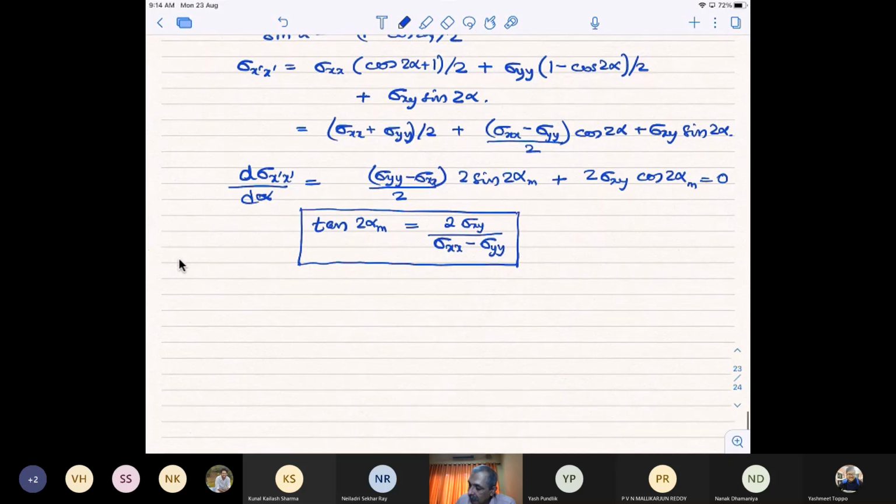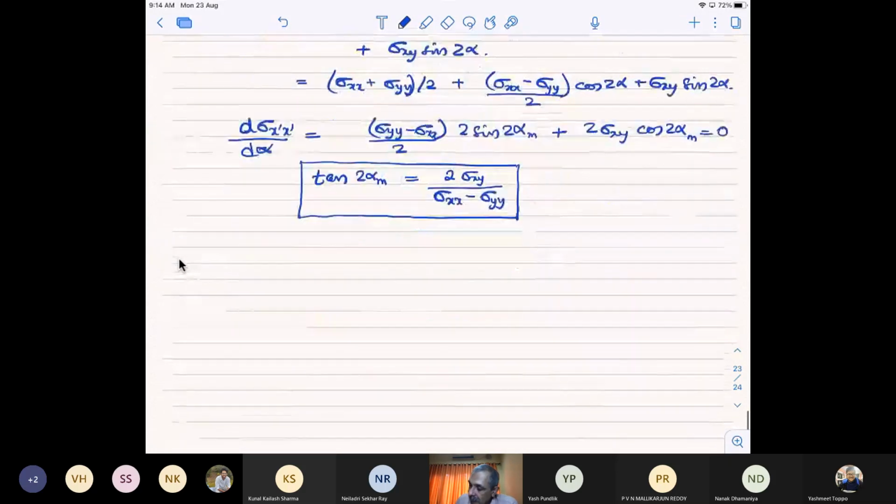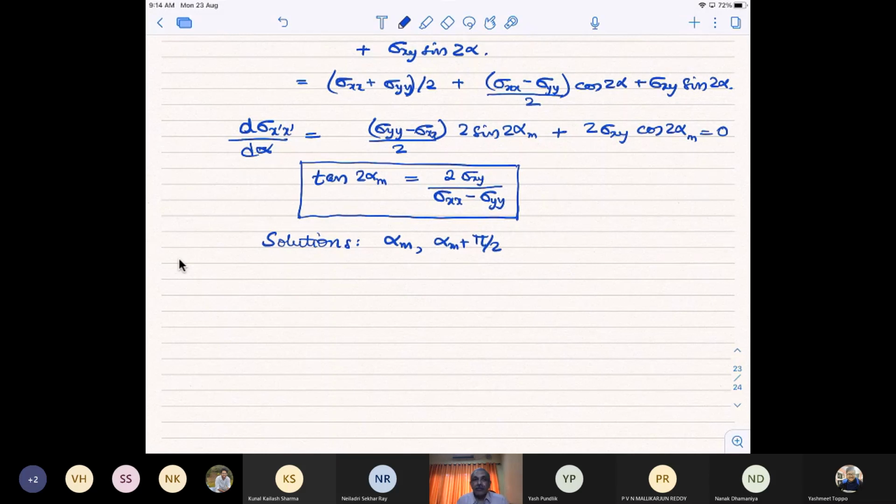You will have at least two solutions, alpha m and alpha m plus pi by 2. Those will be the two axes, and one of them is maximum and one of them will be minimum.